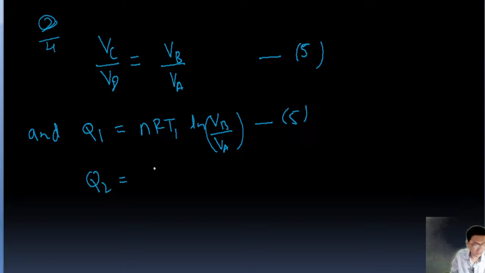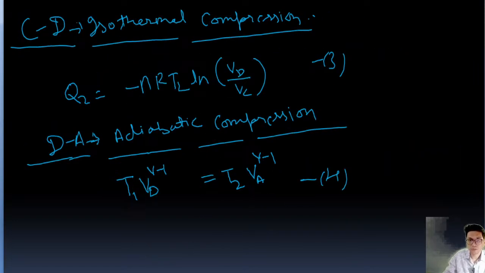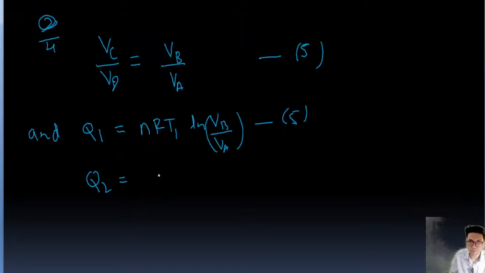And Q2, we can write, is going to be this one. By log property I'm going to remove this minus sign, so I'll write log Vc upon Vd, right? So this Q2 is going to be plus nRT2 ln Vc upon Vd.